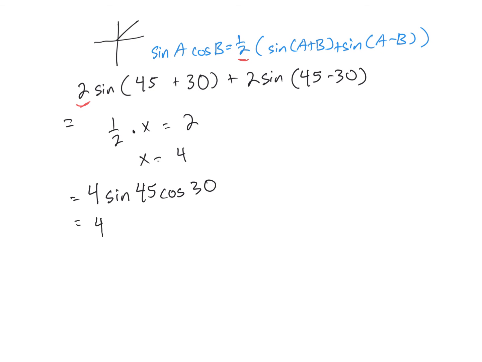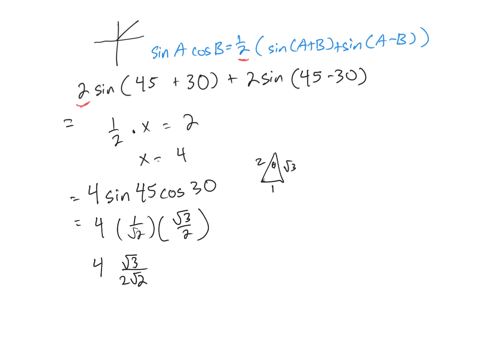So here, sine of 45 is 1 over root 2. Cosine of 30, I don't quite remember that, but I can draw it. This is 1, root 3, 2. Cosine is root 3 over 2. And then that makes 4 times root 3 over 2 root 2.